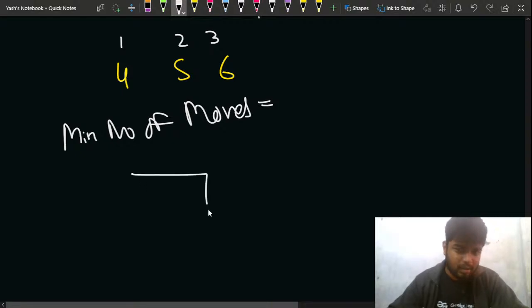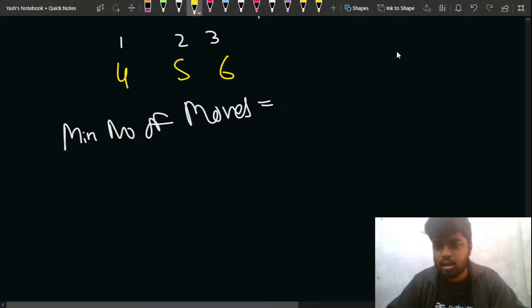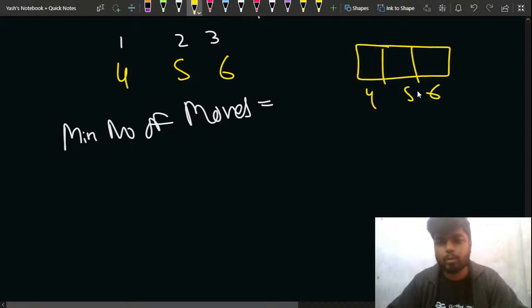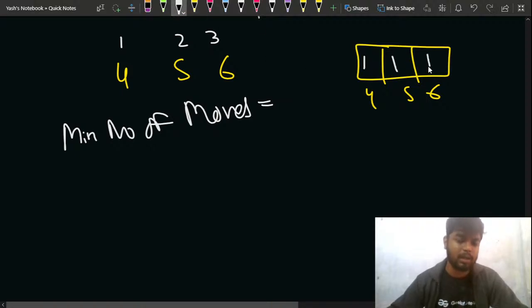Can I say that at position number 4, let's draw it on the top right corner, at position number 4, at position number 5, at position number 6, I'm having one chip each, right? At position 4, I have one chip. At position 5, I have one chip. At position 6, I also have one chip.